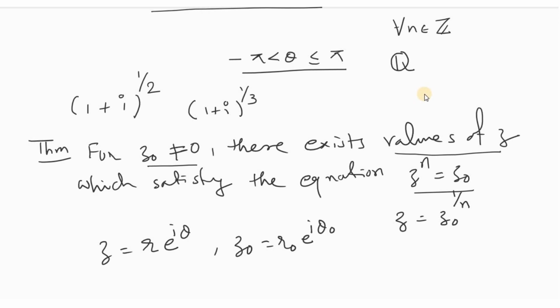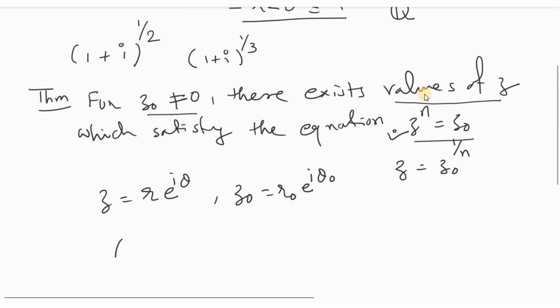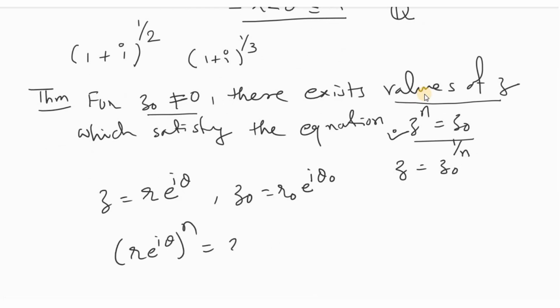Now if you substitute these values into this equation, then what we get is (r e^(i theta))^n = r0 e^(i theta0). This I can write as per De Moivre's theorem, r^n e^(i n theta) = r0 e^(i theta0).